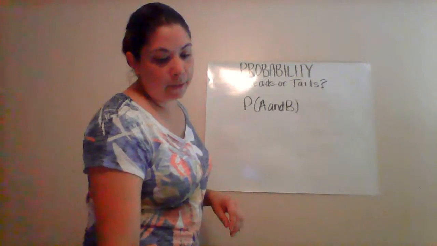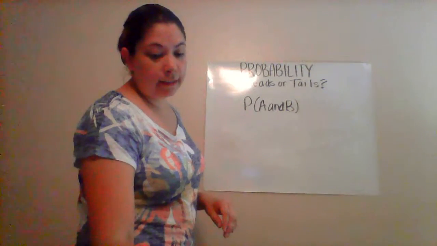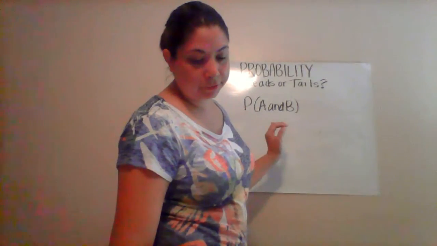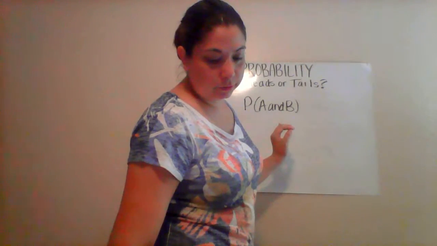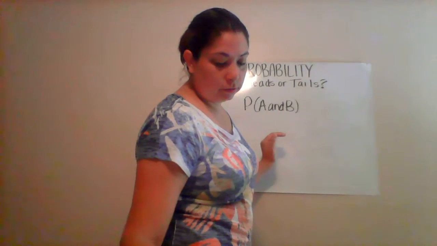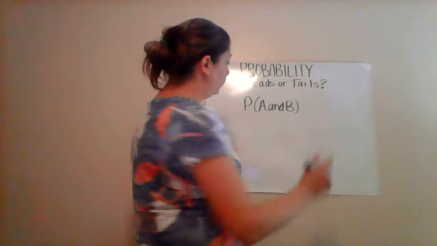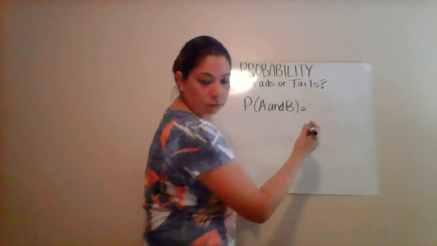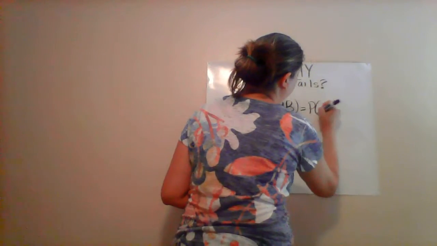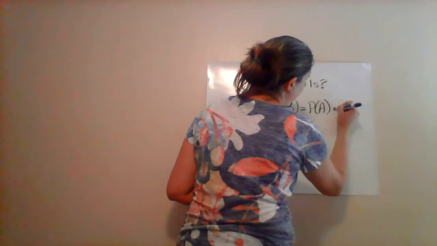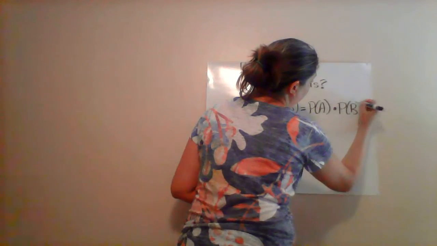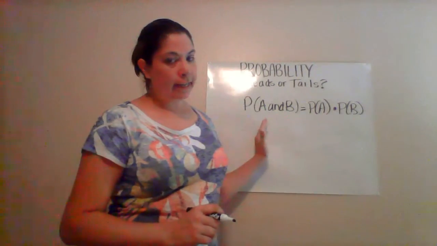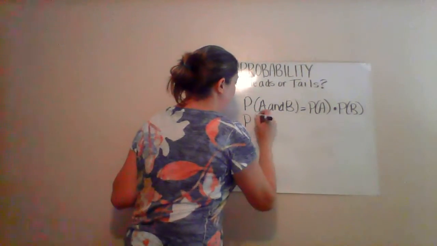For the probability of A and B, we're trying to find heads. So we're going to do heads and heads. This will be for coin A, this will be for coin B. So it equals the probability of A times B. We're going to do the probability of heads and heads.